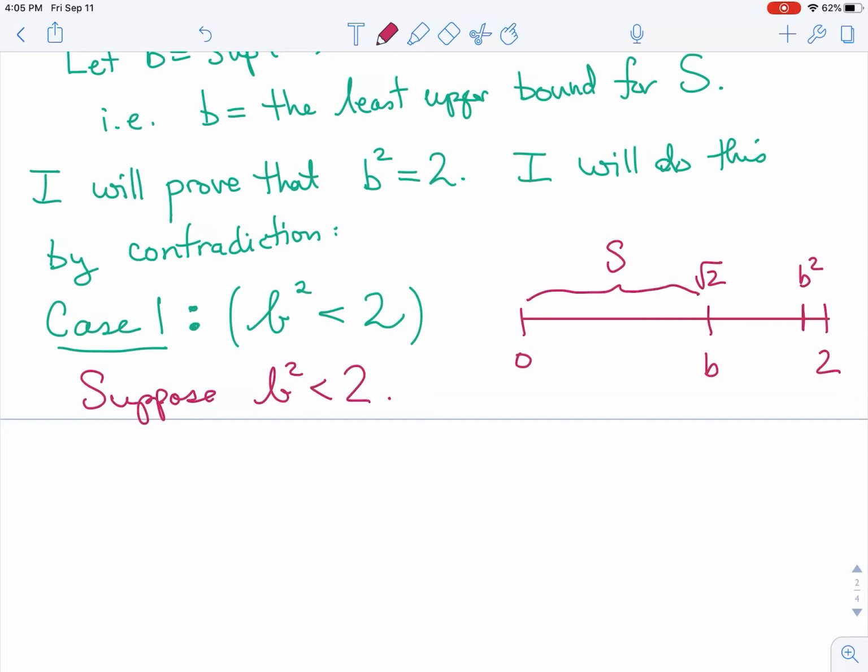Let's see how far apart those two elements are. Let's call this distance y. So let y equal 2 minus b squared. That's the distance between 2 and whatever b squared is. We know that y is a positive number, because 2 is strictly bigger than b squared.